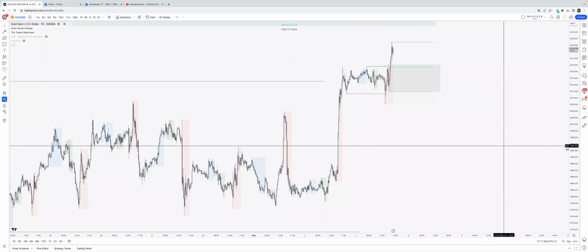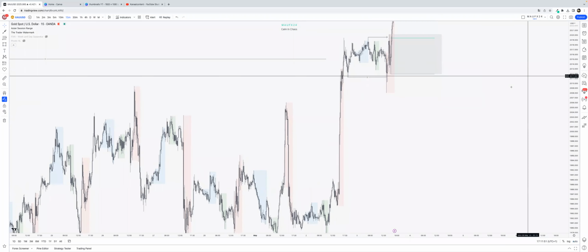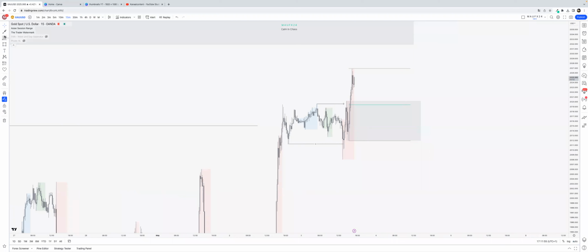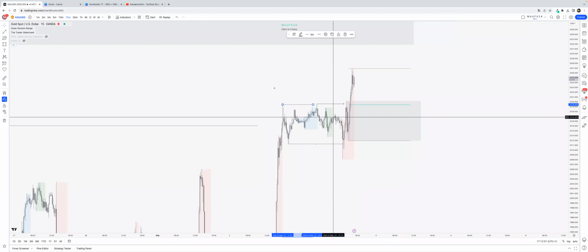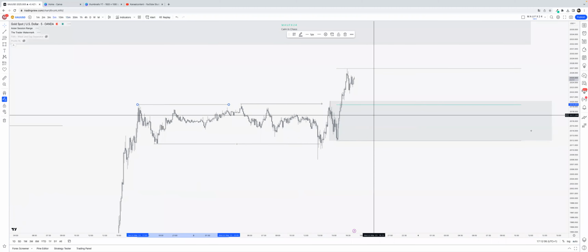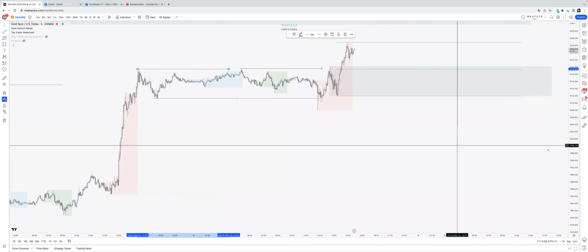Oh, this is actually nice. So if you trade gold, this was your previous daily high. You can see that we took that. Then we got minor breaks.